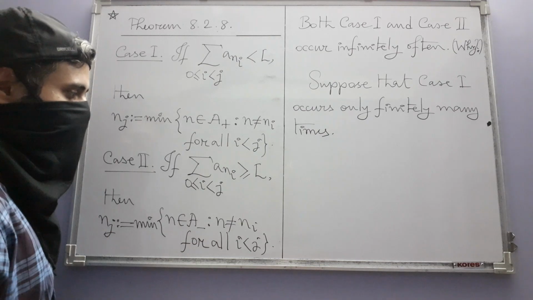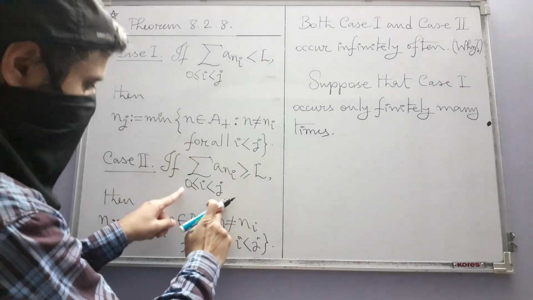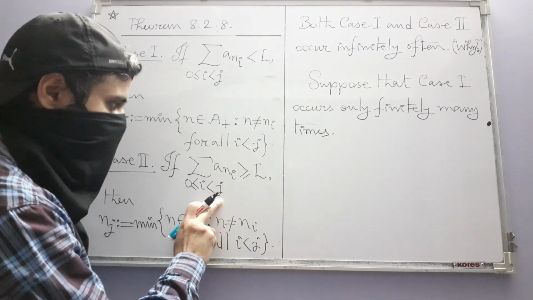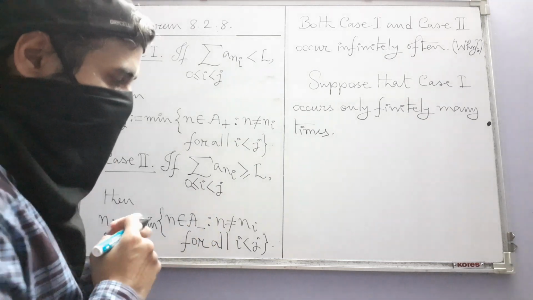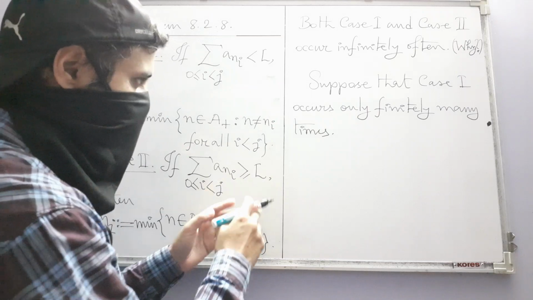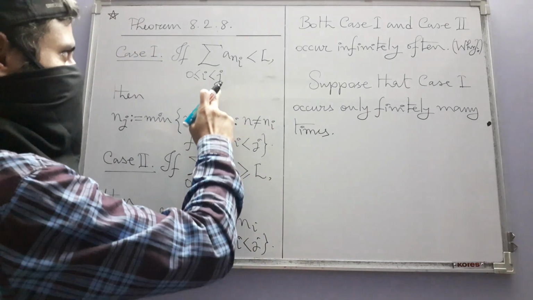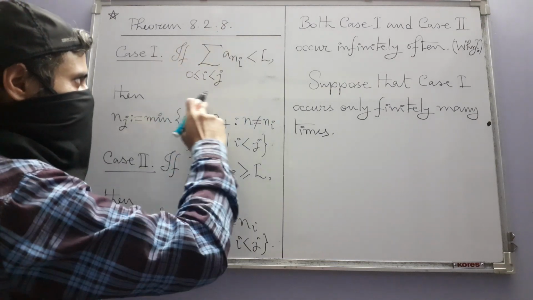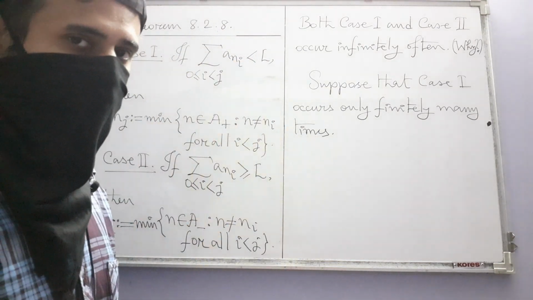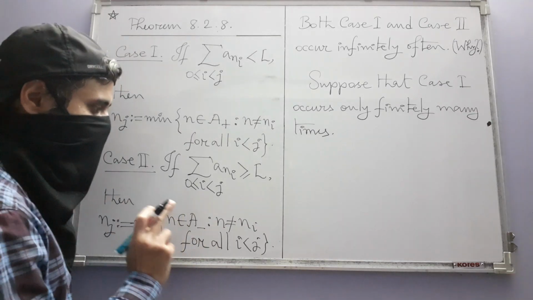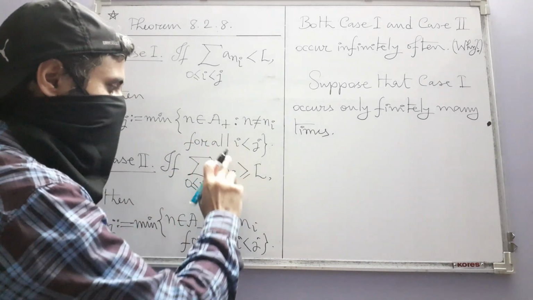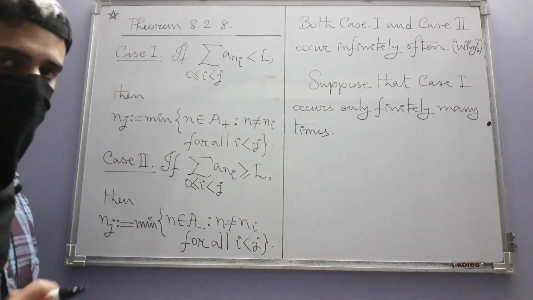So that means these sums, as you change the value of j, almost all of them are going to be greater than or equal to L. Only finitely many j's are there for which these sums will be less than L. That is our supposition. So that means starting from some stage n, all such sums are going to be greater than or equal to L.